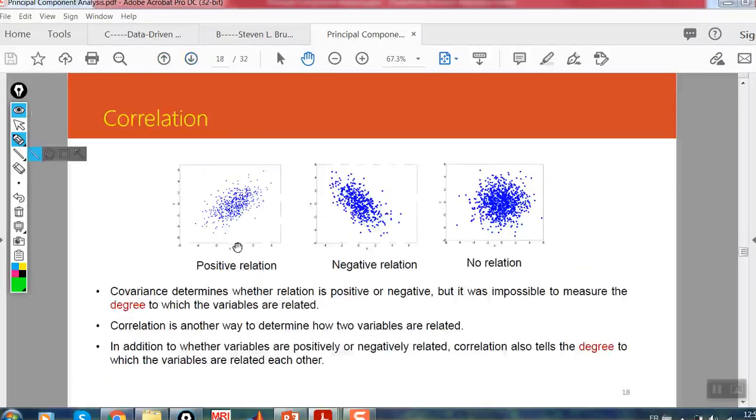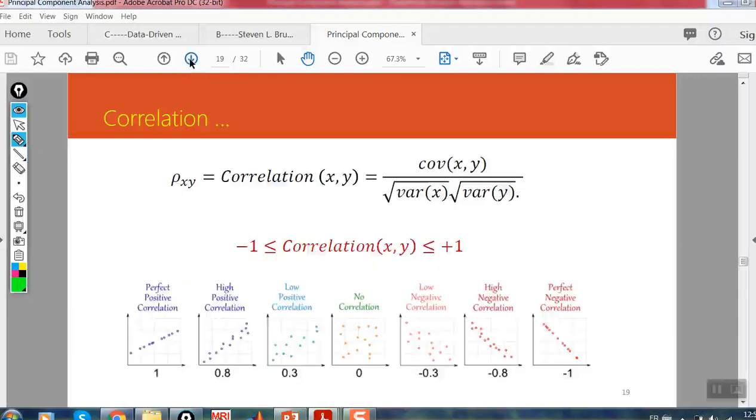Okay, then again you see this positive relationship, negative relationship, and no relationship according to the covariance criteria. Another parameter that calculates the relationship for two-dimensional data is correlation.